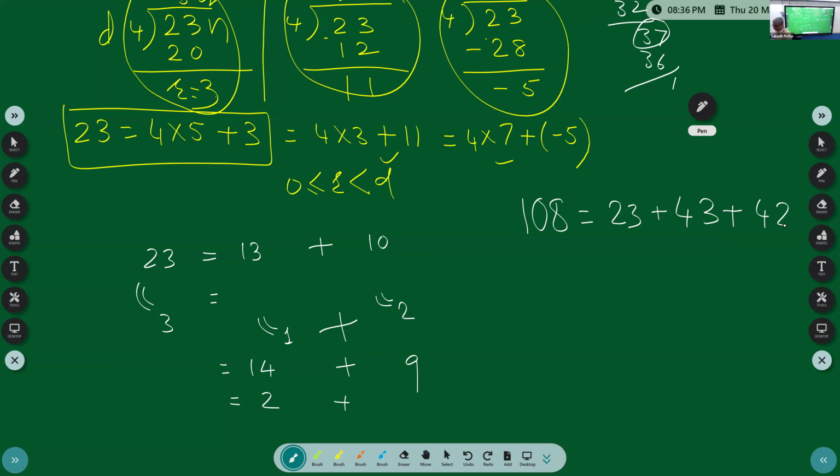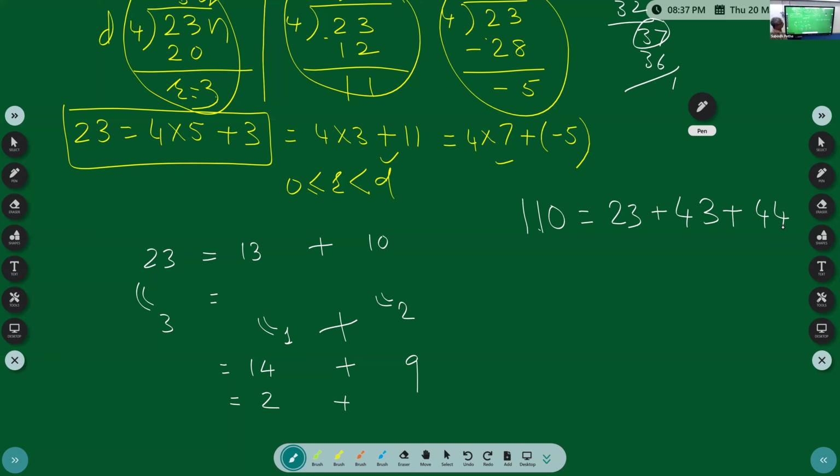Suppose we break 108. Fortunately 108 is divisible. Okay, let us make it 110. Not divisible by 4. The last one should be 44.